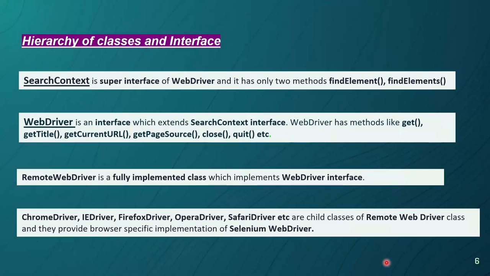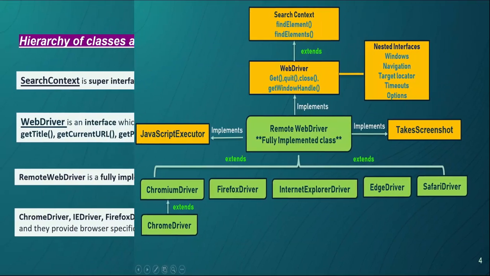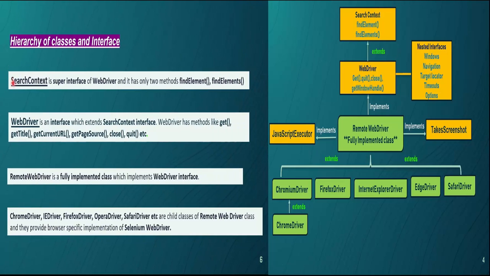So the next thing that we learned is about the hierarchy of the classes and the interfaces. First, we learned about SearchContext. It is a super interface of the WebDriver and it has only two methods, that is findElement and findElements. Next, we learned that WebDriver is an interface which extends the SearchContext interface, and WebDriver has methods like get, getTitle, getCurrentUrl, close, quit, etc. It has many methods, and also it has nested interfaces.